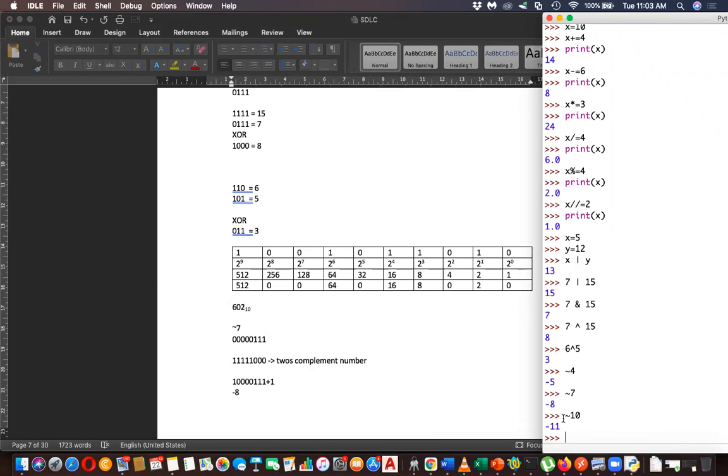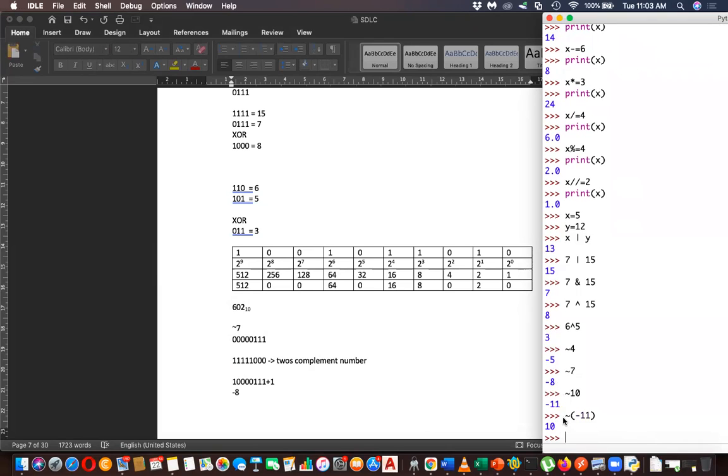On the other hand, if you apply NOT to minus 11, you will get plus 10. That is the reverse. If you have a minus number and invert it, for example minus 8, you will get plus 7. Hopefully you can remember that.